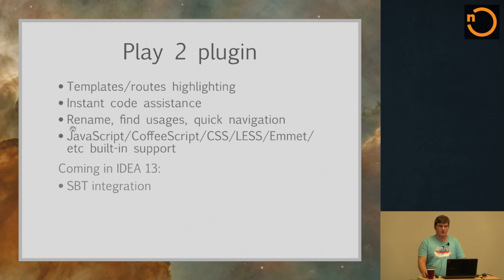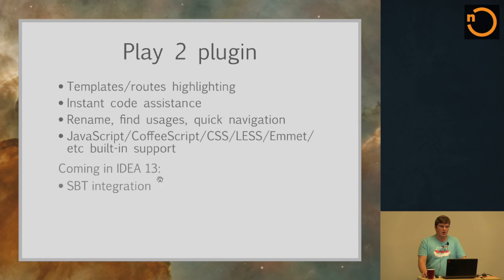We also have rename, find usages, and quick navigation, and all this stuff for everything from templates and routes in Play 2. And of course, we have everything inherited from IntelliJ Ultimate Edition, which has JavaScript support, CoffeeScript, CSS, LESS, and Emmet.